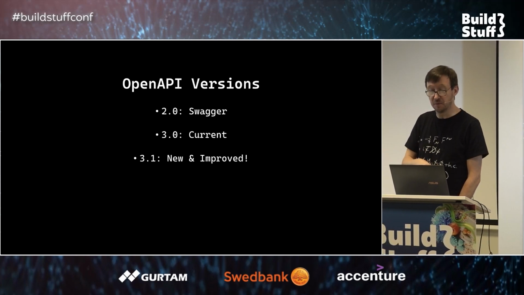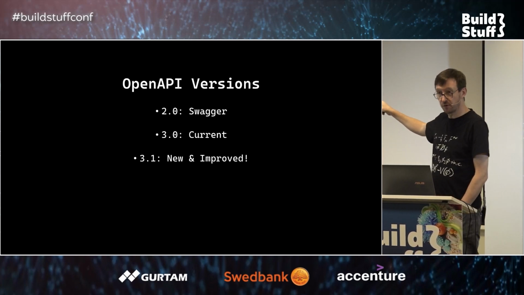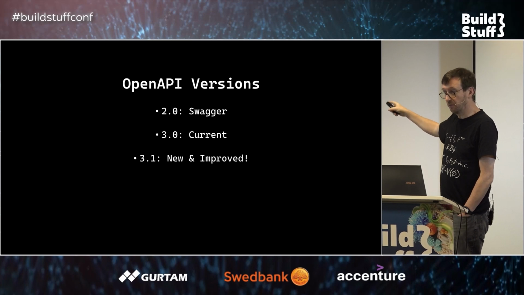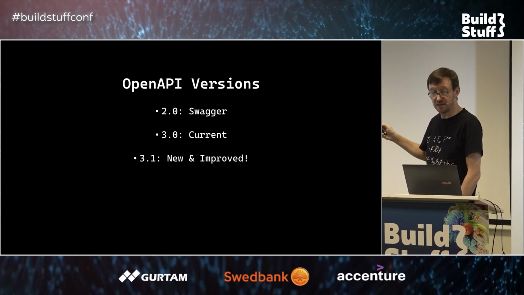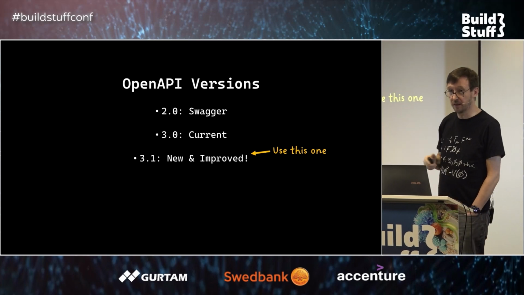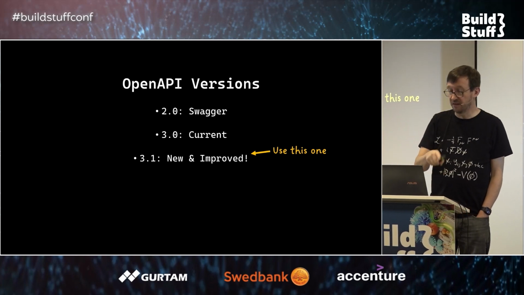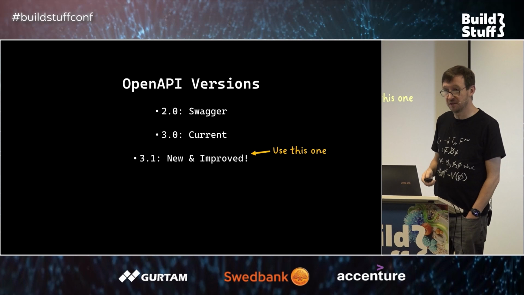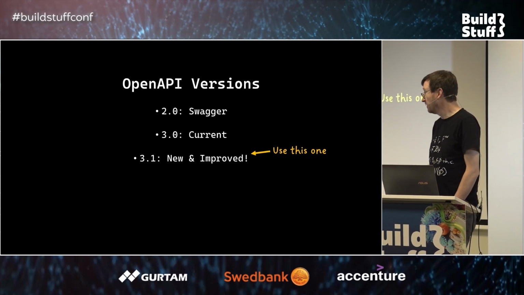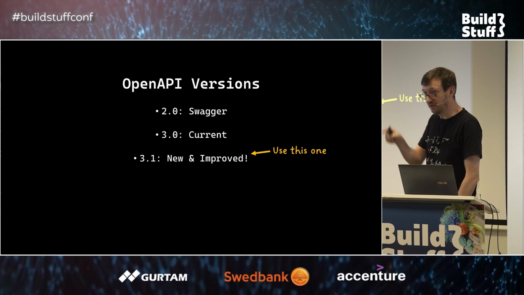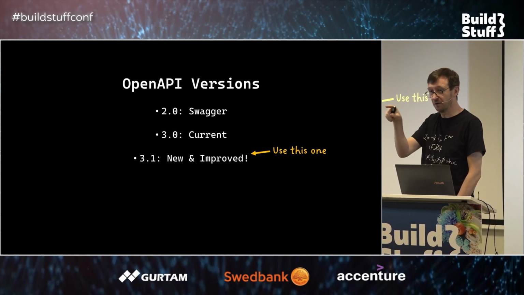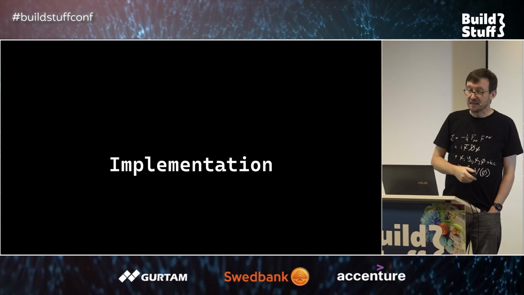When I first started doing this talk, I was recommending to people use 3.0 because the 3.1 tooling wasn't really there yet, but it's got a lot better since then. So now I'm saying use 3.1. And actually, the lint tool that I have built into Visual Studio Code also says use 3.1. It's actually got a regular expression on the version tag that looks for 3.1 something. So yes.